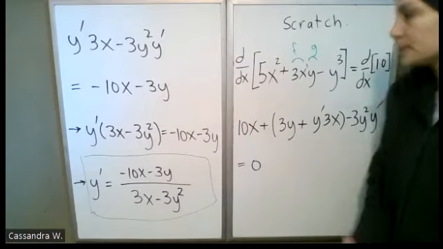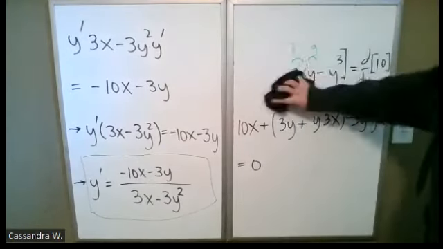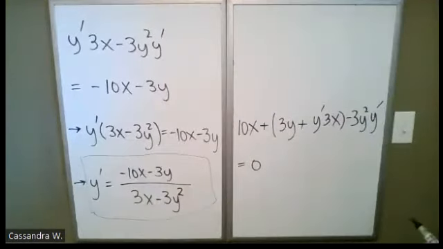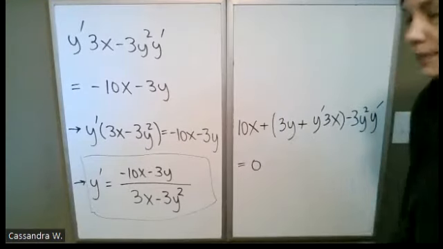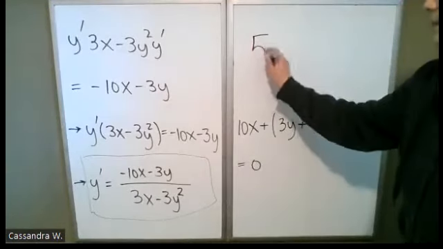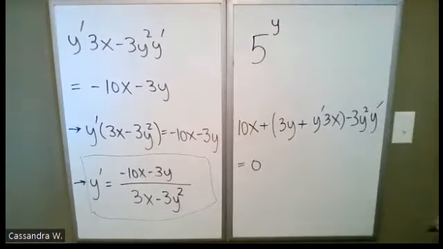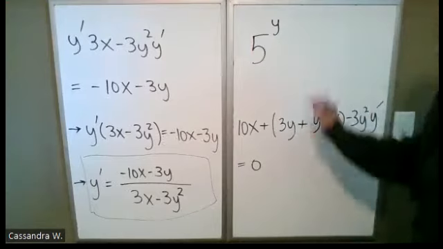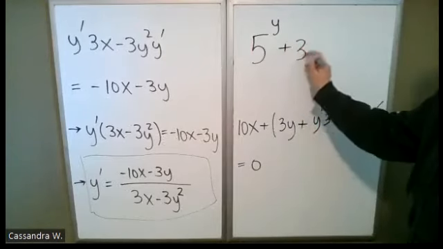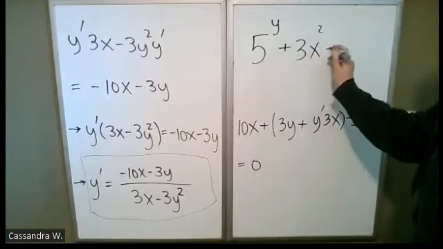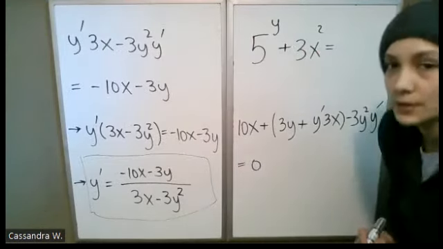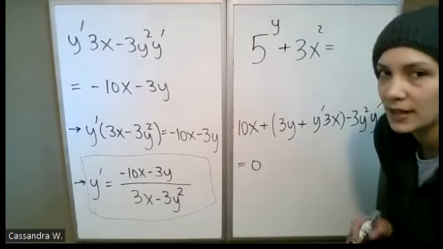We're going to have 5 with power y, and 3x squared, is equal to e with the power of sine of y.